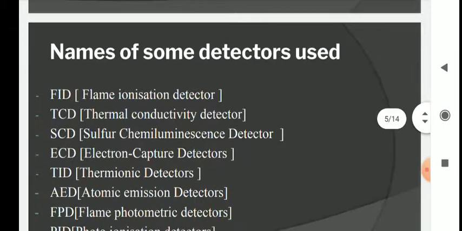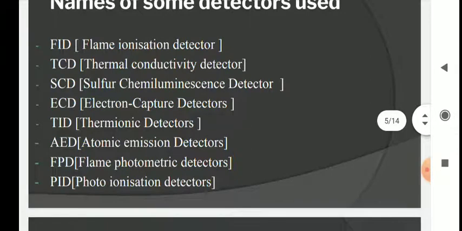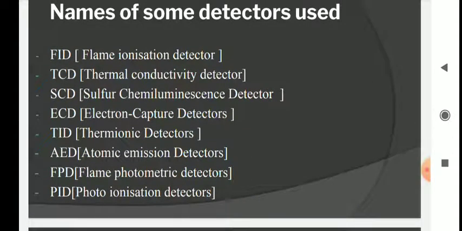Now let us see some of the detectors which have been used in GC. The first one, which is very popular, is the flame ionization detector, or FID. The second one is the thermal conductivity detector. This is TCD, and it is a universal detector, that is, it can analyze any compound. Then the third one is the sulfur chemiluminescence detector. As the name suggests, this is useful only for sulfur compounds, for the detection of mixtures of sulfur compounds.